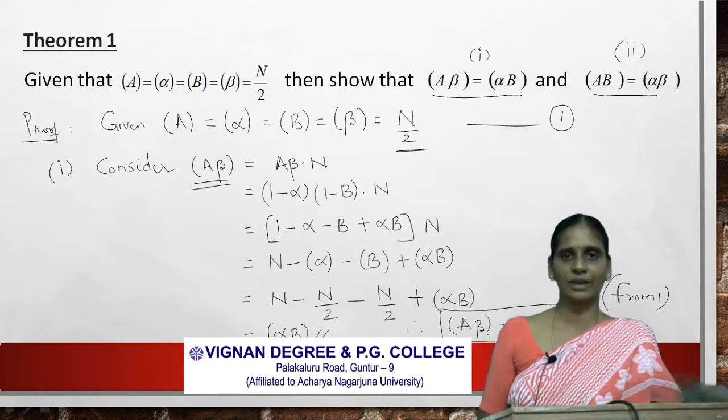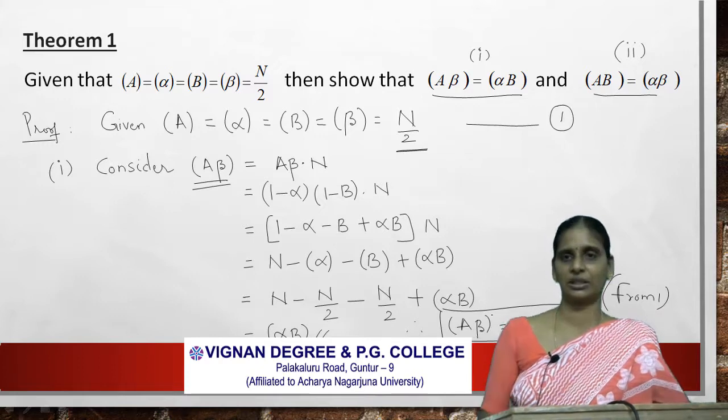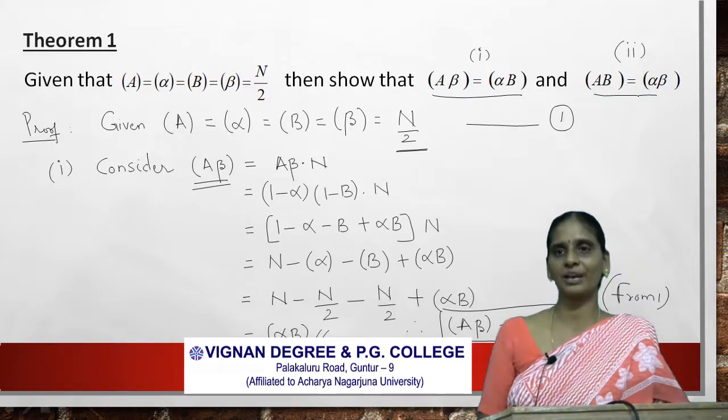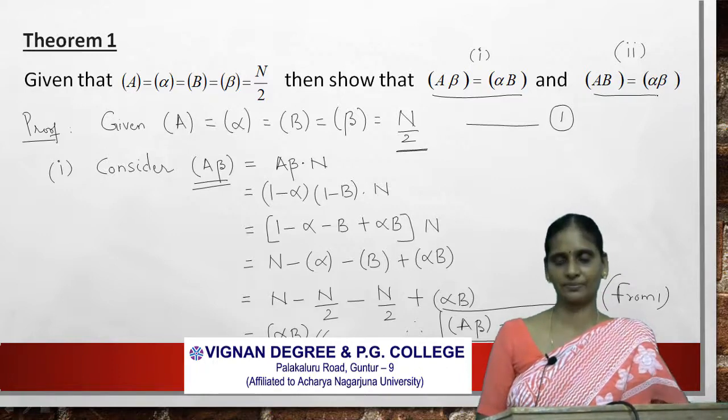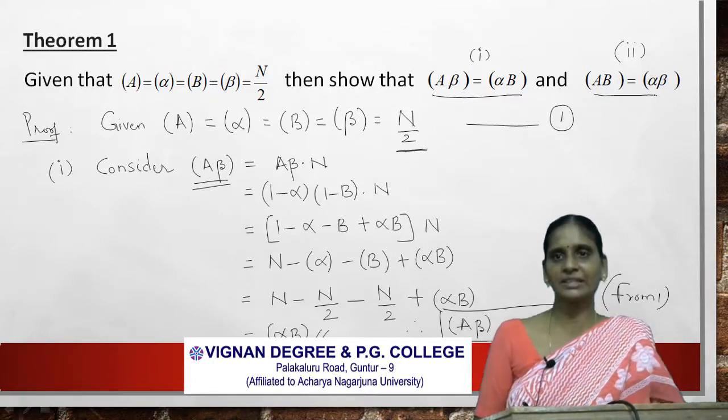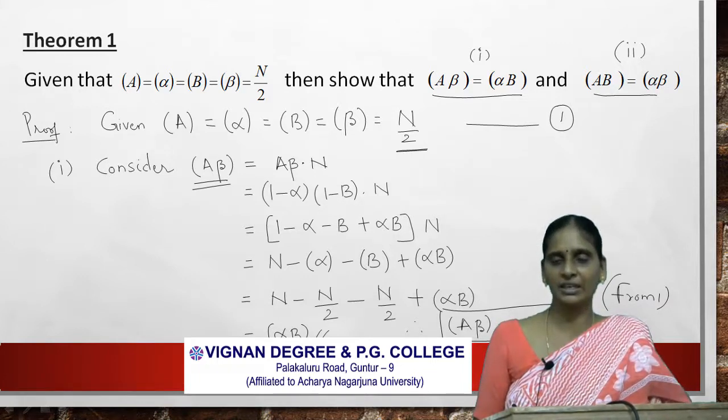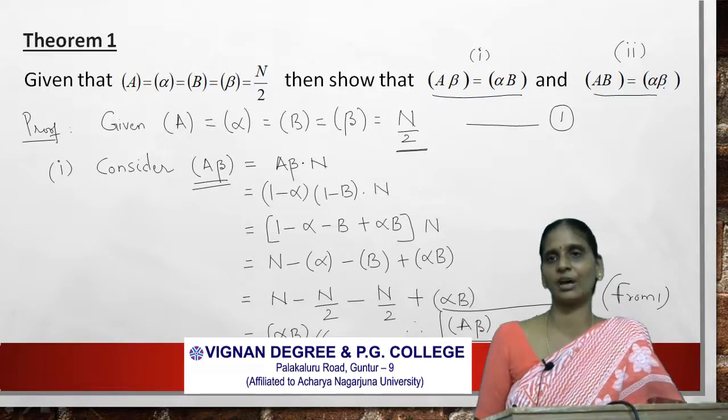And we have to prove the second relation, that is frequency of AB is equal to frequency of alpha beta. So in this condition, we have to take the right hand side class frequency, that is frequency of alpha beta.